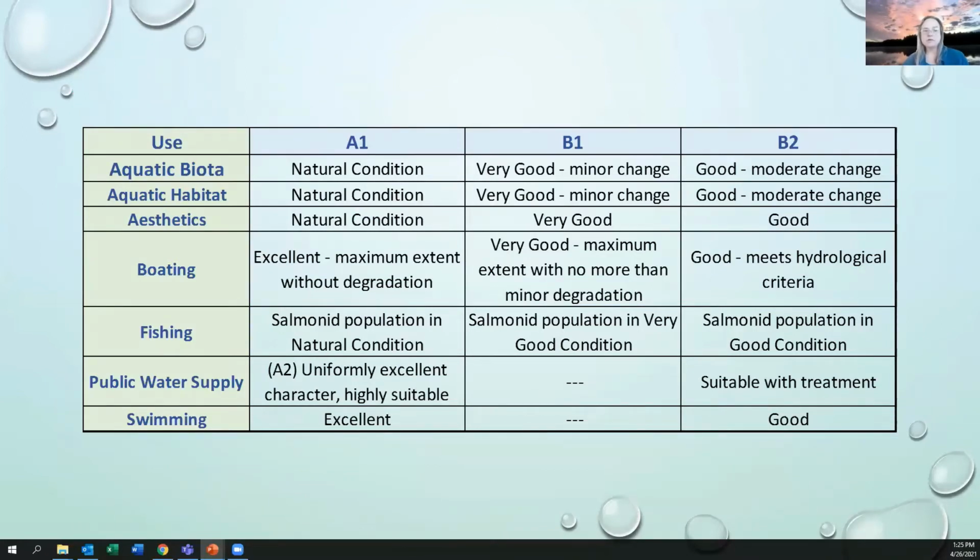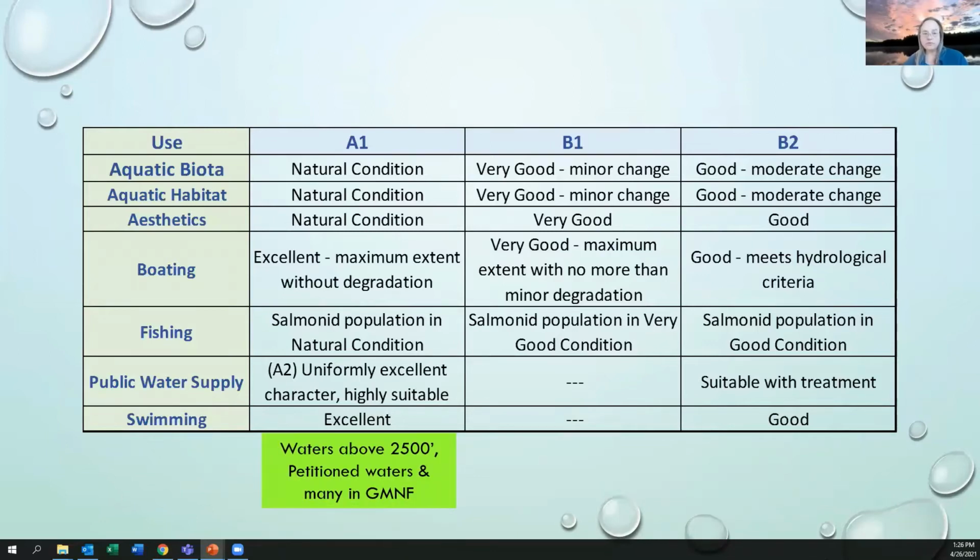So as we're looking at an A1 aquatic habitat criteria, there are standards that water needs to meet. And we use the terms good and very good and excellent, but they all have numbers to back them up. And that's how these are classified as ANR does them.